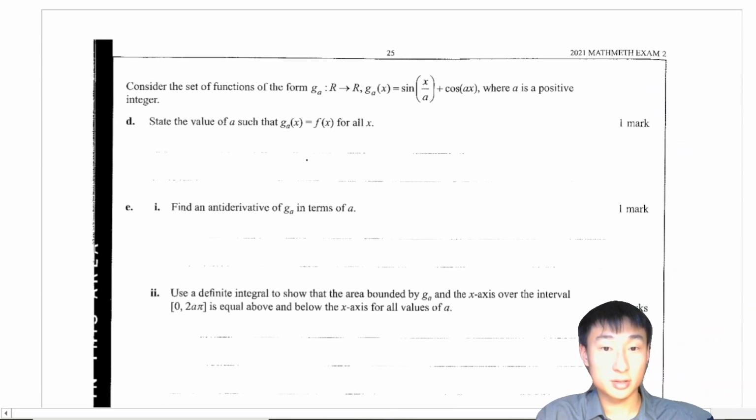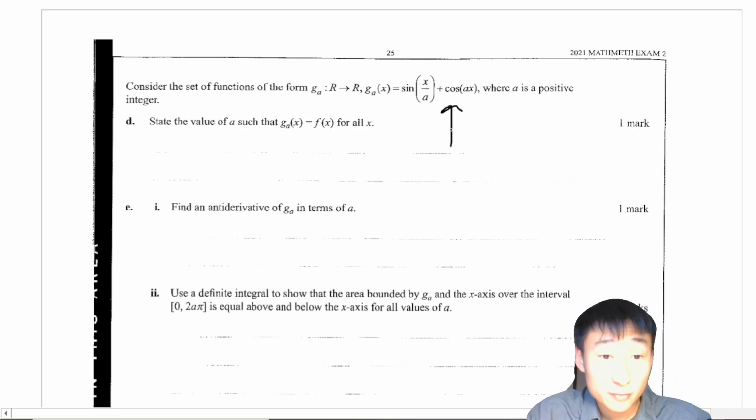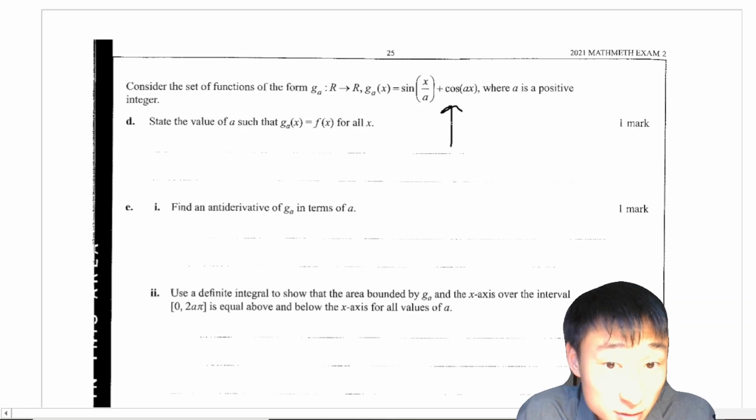This is a dilation factor. What dilation factor is this?